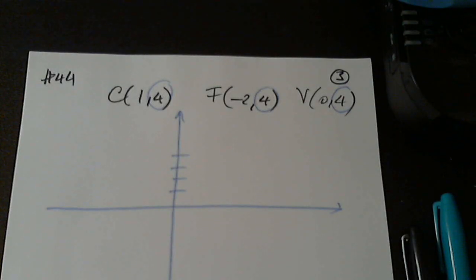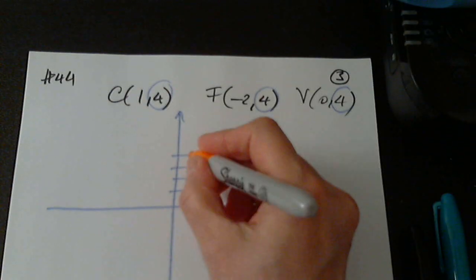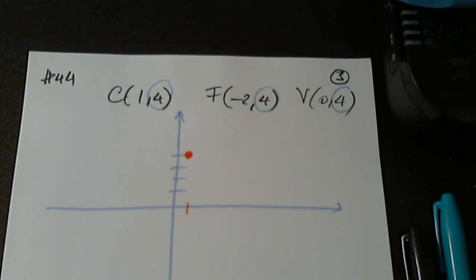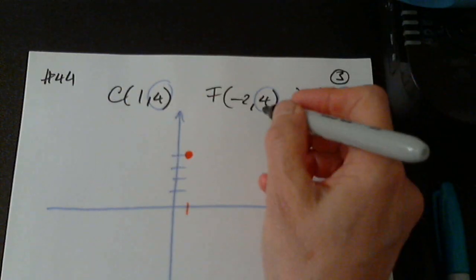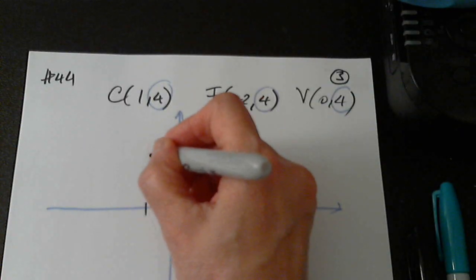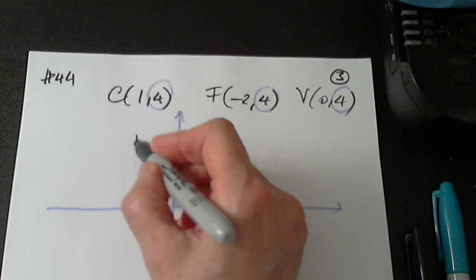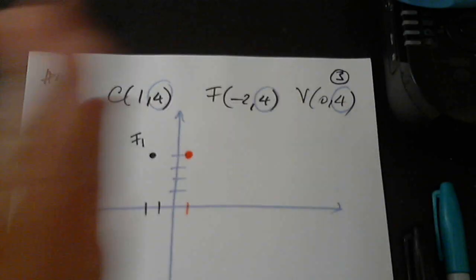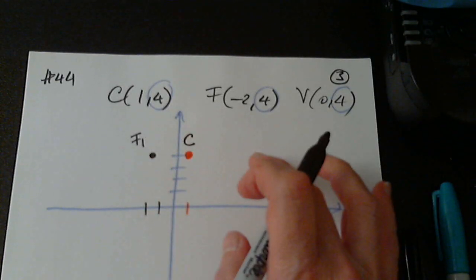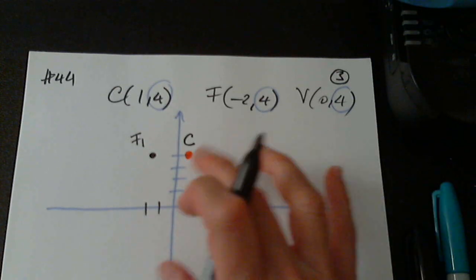So let's put them together. Okay, so we have 1, 4. So here's the center. Then we have -2, 4. So this is definitely F1. It's on the left-hand side of the center. Can anyone give us the other focus, which is F2?